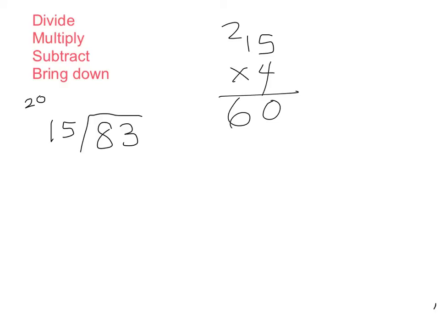And I get 60. So it looks like it should work. But I wonder if 5 would work. So I'm going to try 5, and I get 75. That also would work.